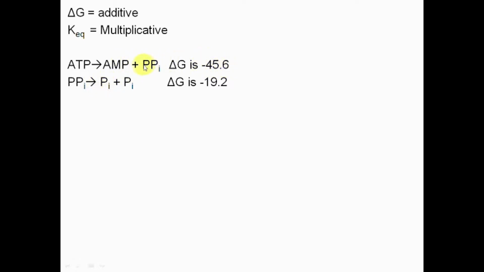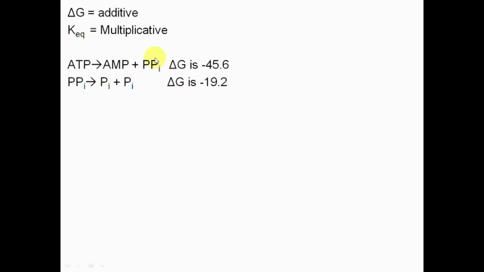Then let's say you take that pyrophosphate and cleave it in half, you would get negative 19.2. If the question asked what is the total free energy for these reactions, you would just add these two together.